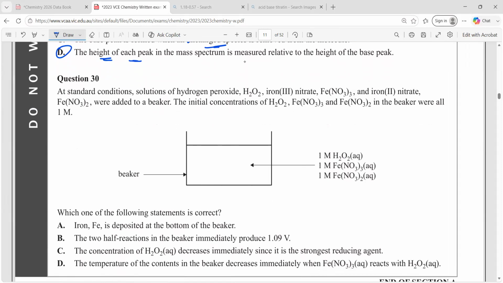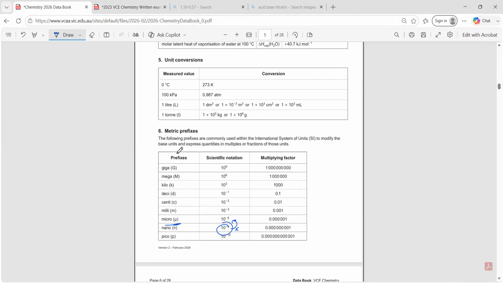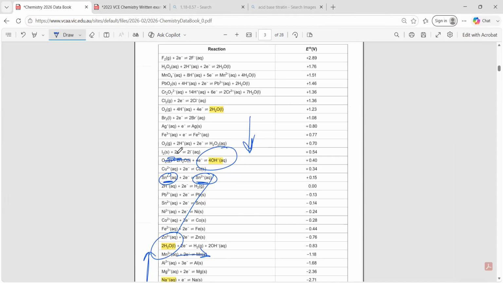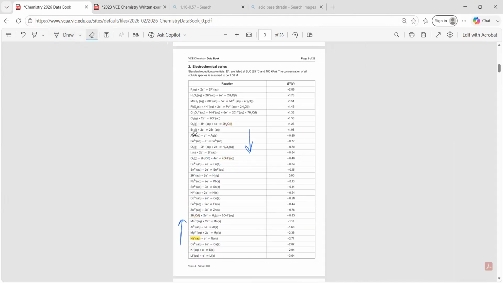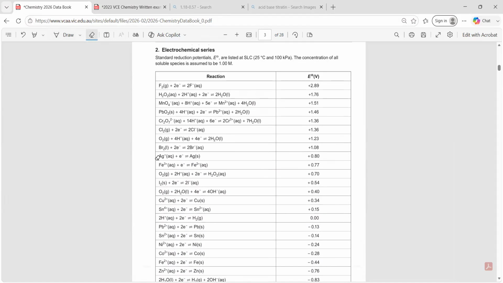So H2O2, Fe3 plus, H2O2 is here. I've got Fe2 plus.